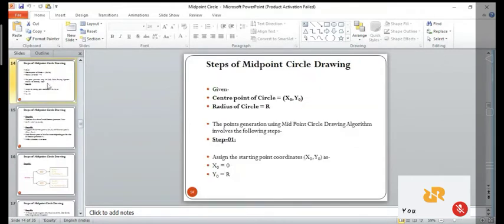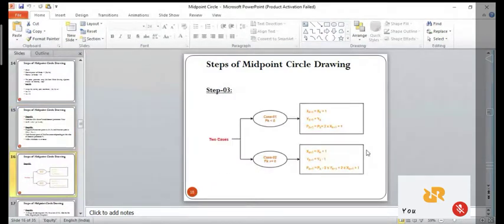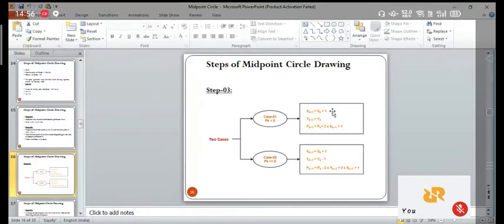So this is how you find out the points for the octant. Next is, there are two conditions given. If your decision parameter is less than 0, then the x value will be incremented by 1 and the y coordinate value will remain as it is.